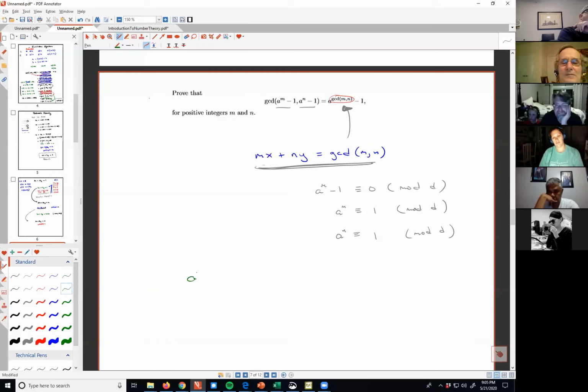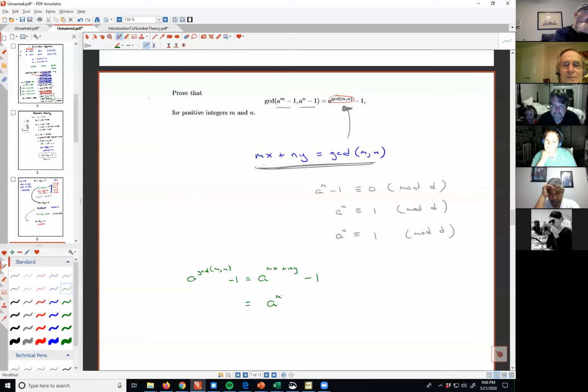We can say a to the GCD of m and n is equal to a to the mx plus ny for some integers x and y, minus 1, and that right there is a to the mx times a to the ny, minus 1.